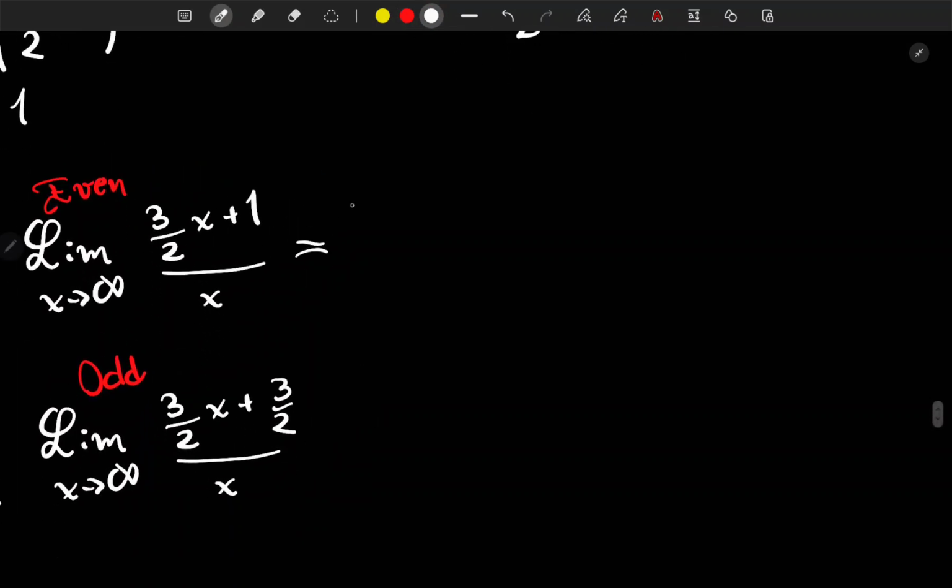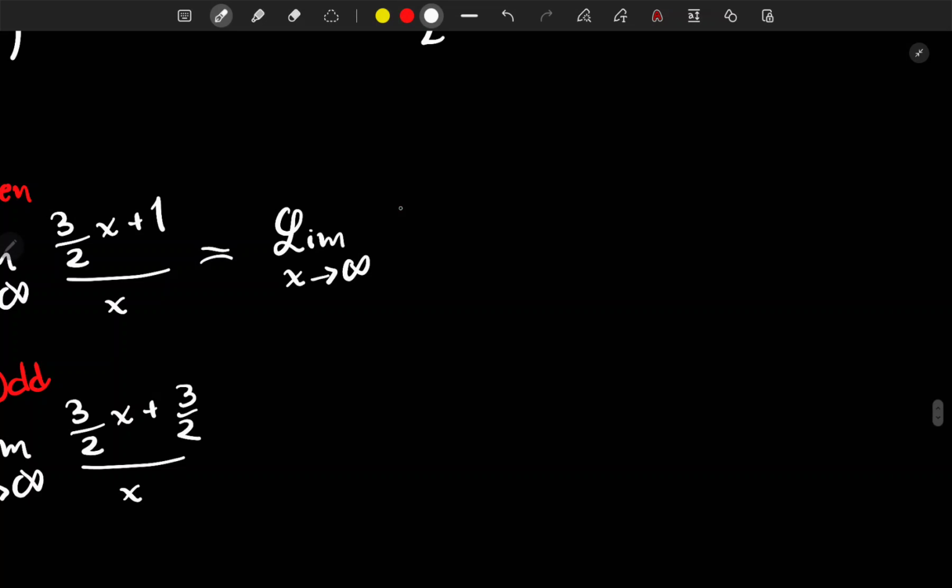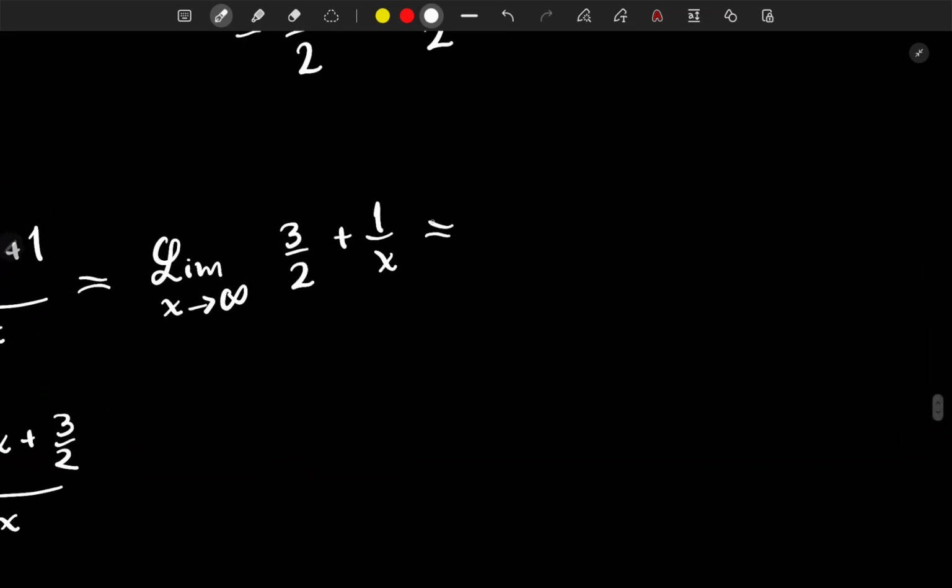We can rewrite this simply as the limit when x approaches infinity of 3 over 2 plus 1 over x. We can just make this and make this, okay? And when x approaches infinity, this approaches 0, and therefore this is just 3 over 2.